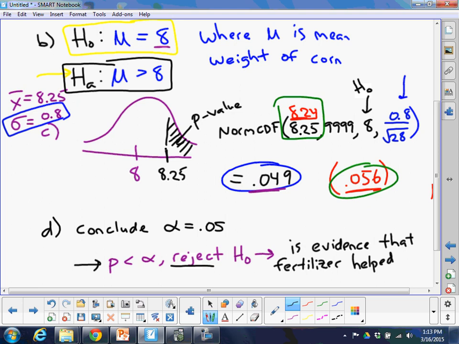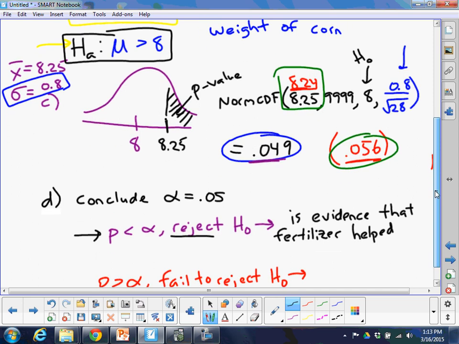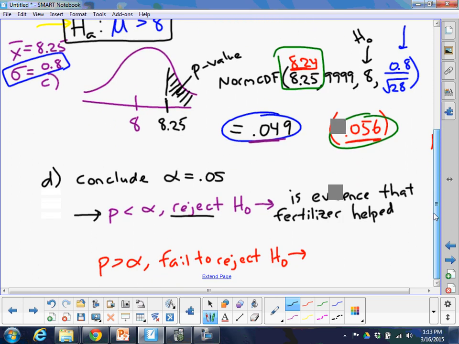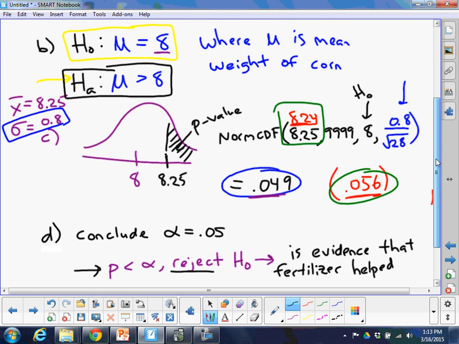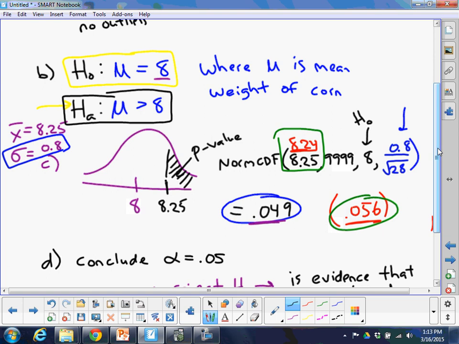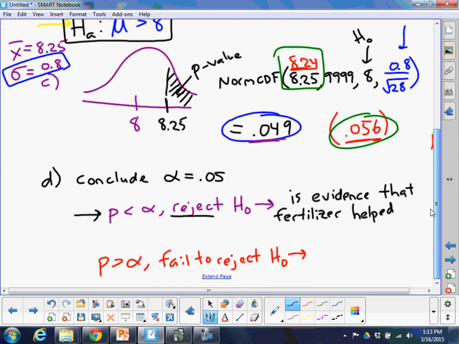Sorry, I had those switched around. It's the other one. If you fail to reject H0, that means we're going with this one. So that's the one with no evidence that the fertilizer helped.